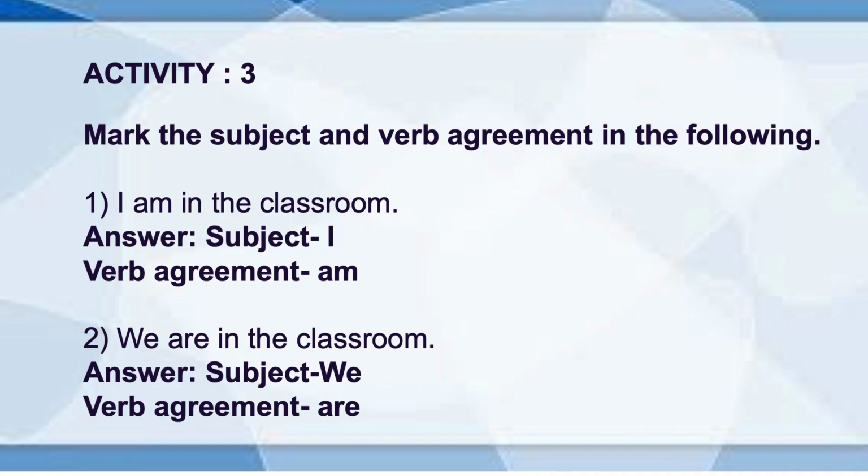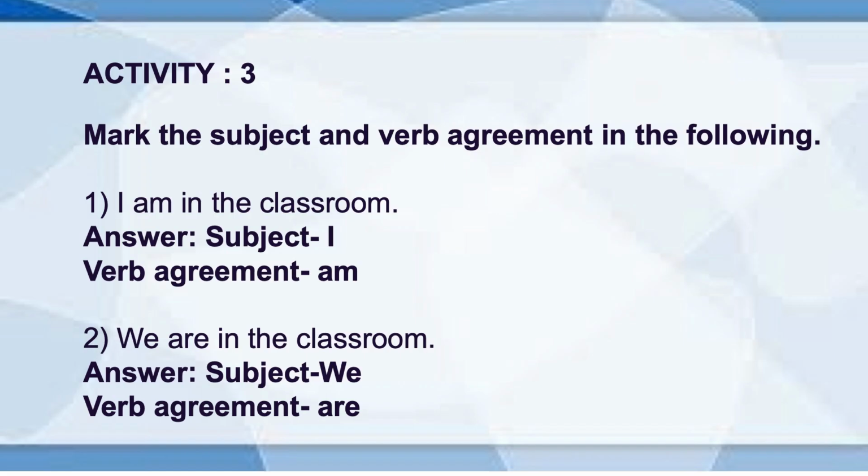Okay? In activity 3, we will mark the subject and verb agreement in the following sets of sentences. In the previous slides, we were identifying which was the main verb and which was the auxiliary verb. In this particular slide, we will mark the subject and the verb agreement in the following sets of sentences. Now, look at the first sentence.